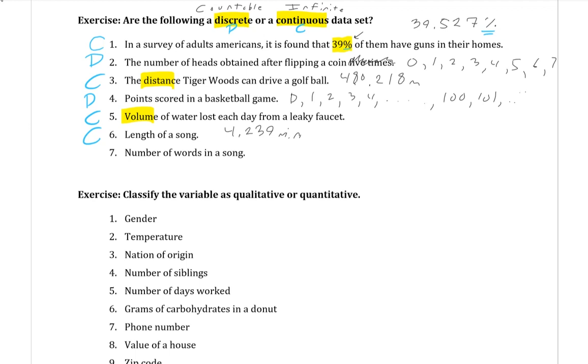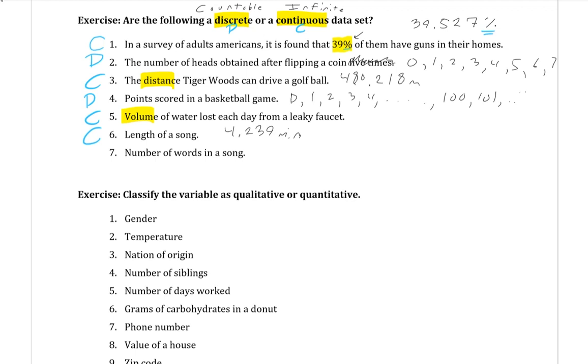Now, if I had somebody tell me length of a song as it is listed on my iPod or as it is listed on YouTube, something like that, where it is limited to being a number of minutes and a number of seconds, then I may say it's discrete.